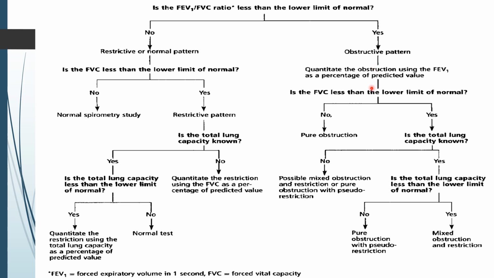So if the FVC is lesser than the normal limit, then we have to know the total lung capacity. If it is lesser than the lower limit, then that is a mixture of restriction and obstruction.